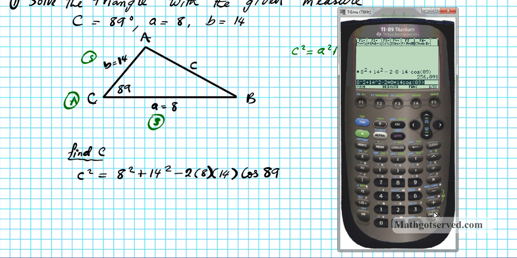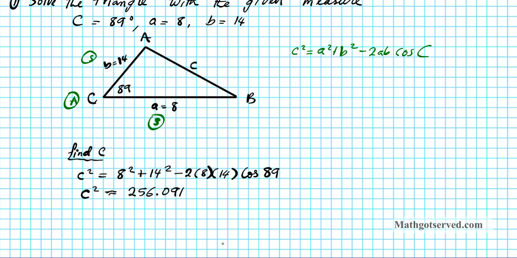Okay, so let's go ahead and write that down. c squared is approximately 256.091, and to get little c isolated, we'll just take the square root of both sides.